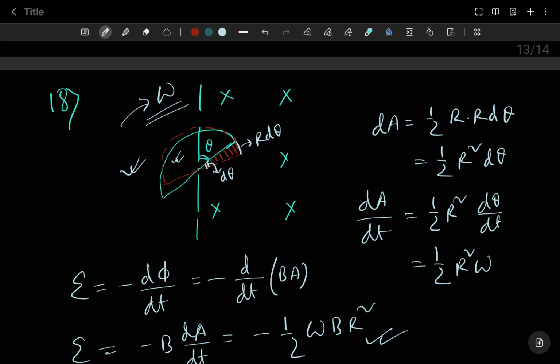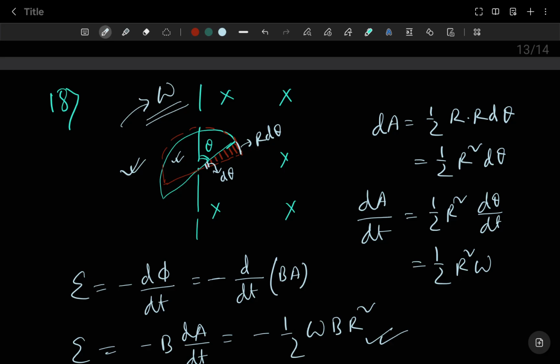When this loop has been rotated by an angle pi, the entire loop has entered the magnetic field, so magnetic flux is maximum through the loop. Now from pi to 2 pi, this loop is getting out of the magnetic field. You have to visualize.